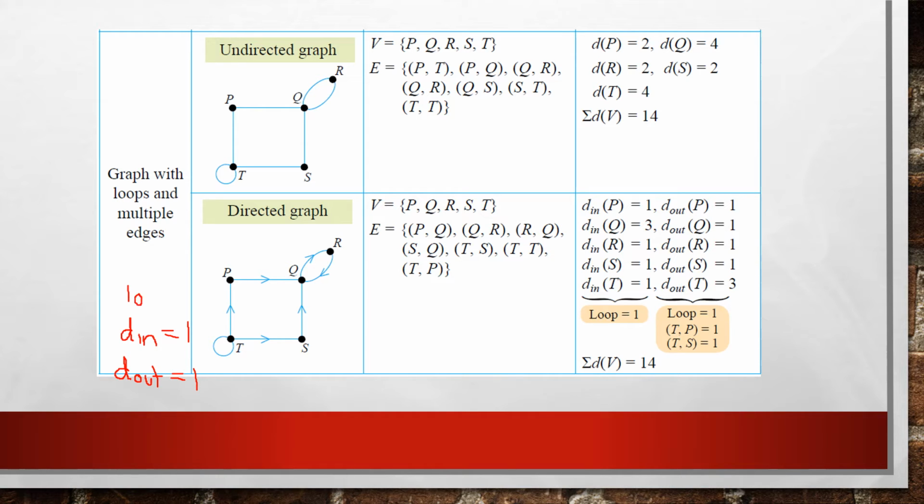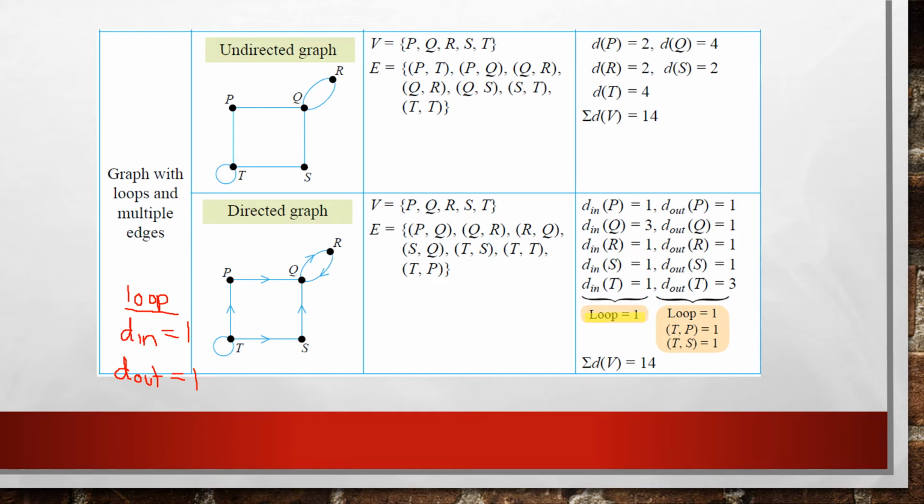Okay, the arrow will be, they never show an arrow for a loop, but you must know for a loop there is a degree in 1 and degree out 1. That's why it's written here, loop.